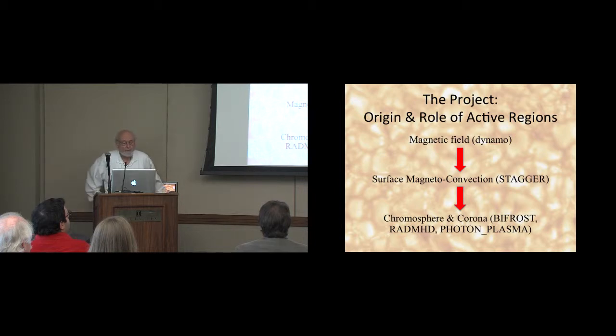So the way our project started is we're not doing the whole global dynamo simulation. We're looking at the effect of magnetic field near the surface of the sun on the magnetic field that's produced by the dynamo. We're also looking at the surface dynamo.